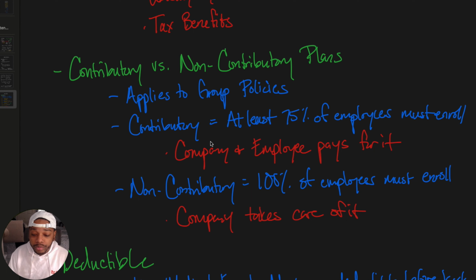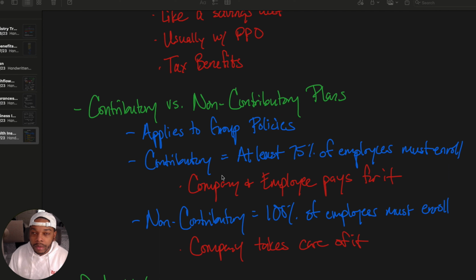A non-contributory plan is when 100% of the employees must enroll, but the company takes care of everything. Okay, the company pays for it. Actually, most jobs use a contributory plan where they'll deduct it from your pay, so you pay for it and they pay for it.